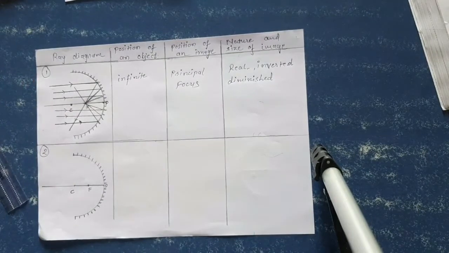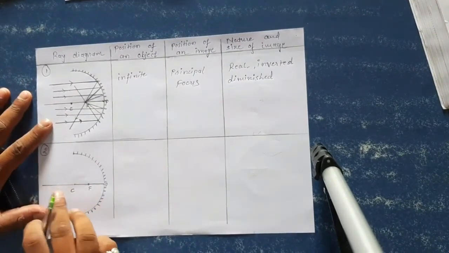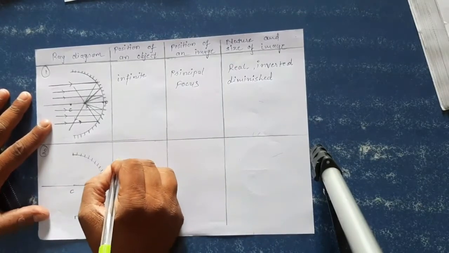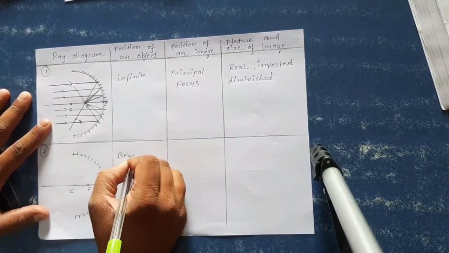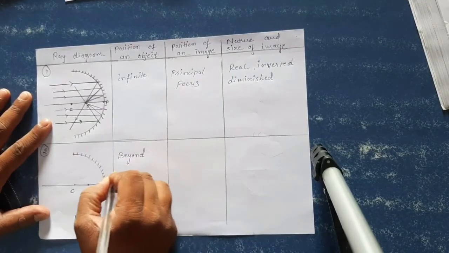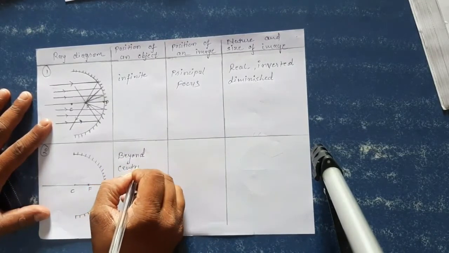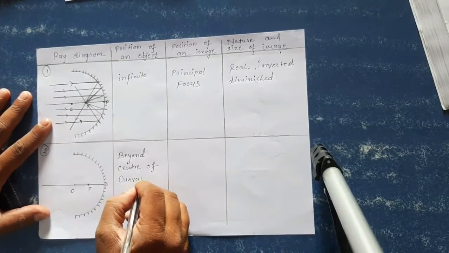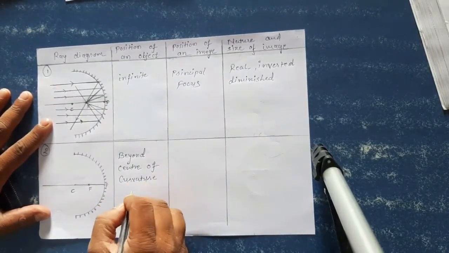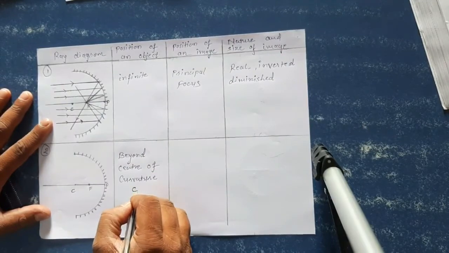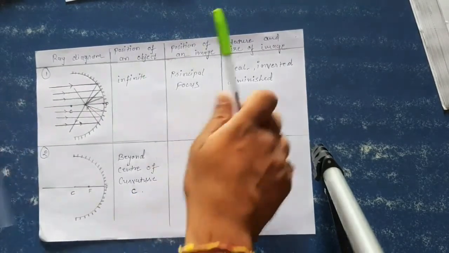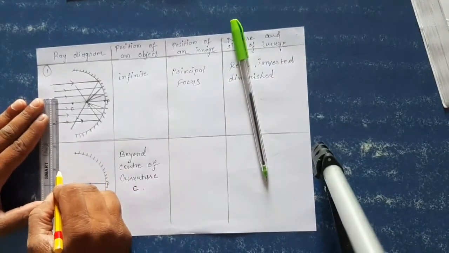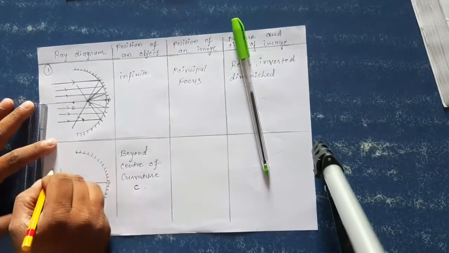In the second case, our object is beyond center of curvature C. In such a case, what is going to happen? Suppose I consider my object here as AB, like this.